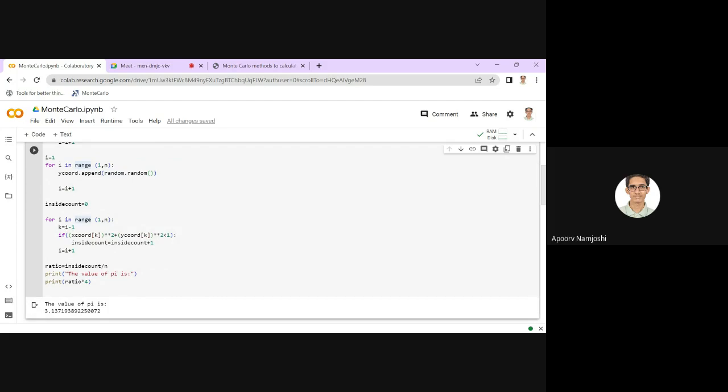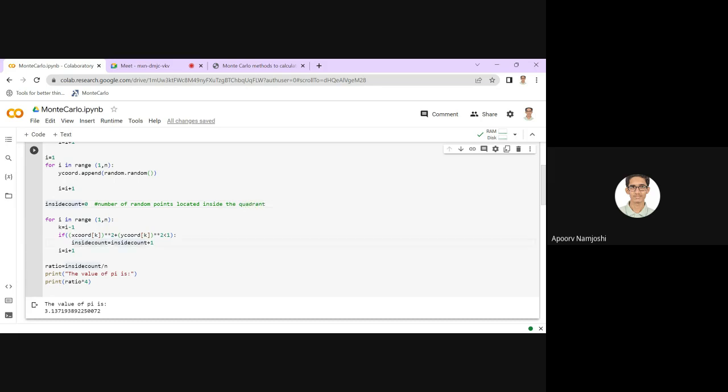And if the distance of the point from the origin is less than 1, then it means that the point is located inside the quadrant. So in that case, we have this variable inside count, which is the number of random points located inside the quadrant.